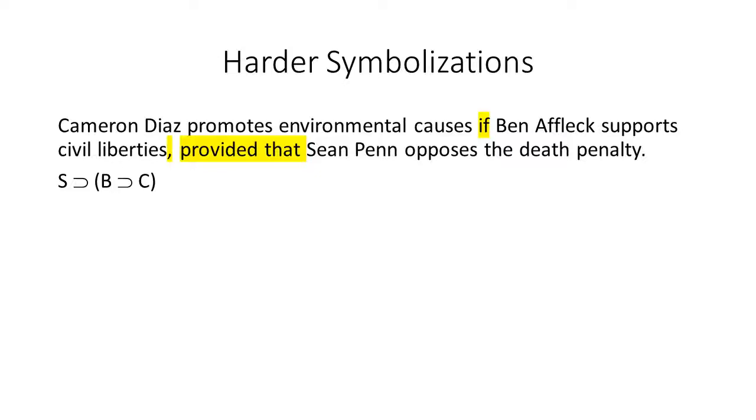We have this big stuff about Ben Affleck and Cameron Diaz, and then we're told provided that Sean Penn does this other thing. That means it goes before. It's the antecedent of, oddly enough, what's come before in the English sentence. So we have S horseshoe left parentheses B horseshoe C right parentheses.